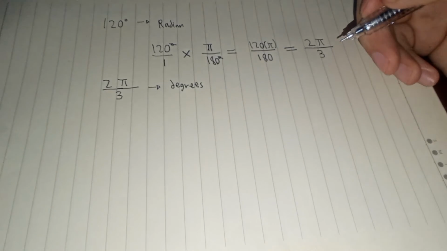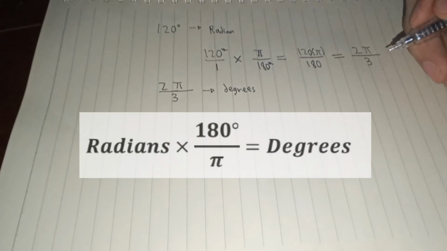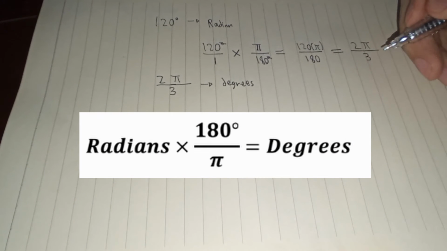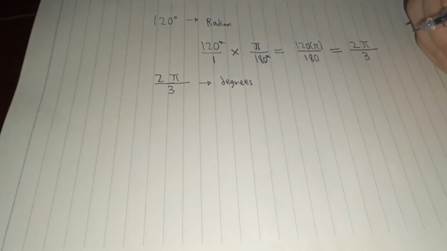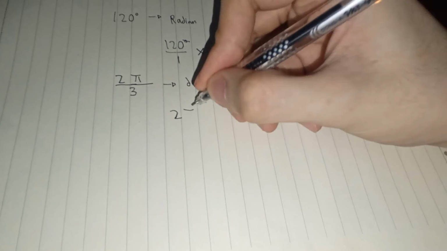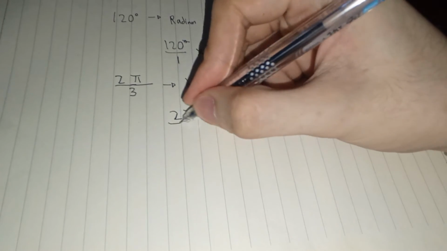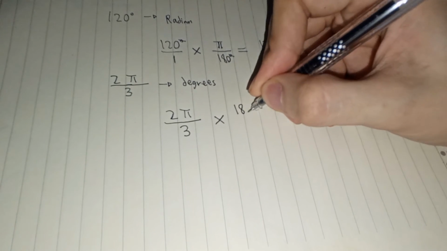Now to convert radians to degrees, we will use this formula. Radians times 180 degrees over pi equals degrees. Let's now convert our answer back to degrees using this formula. We will multiply 2 pi over 3 with 180 over pi.